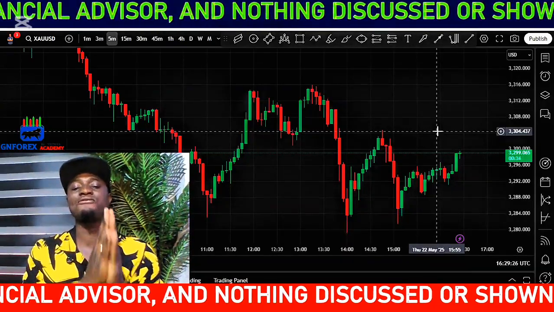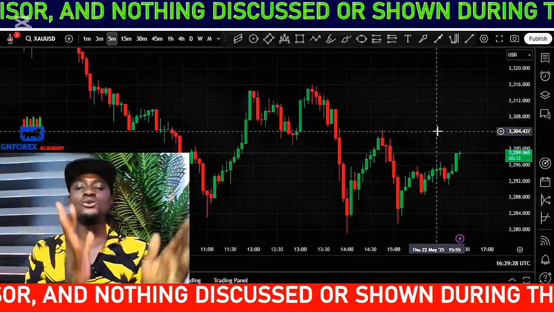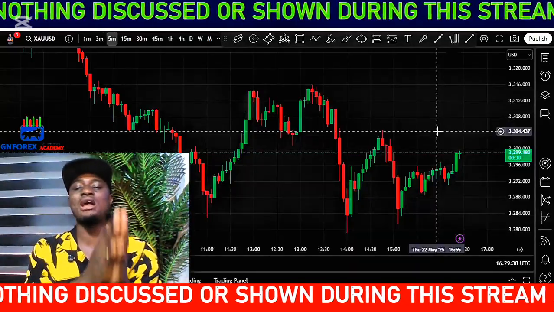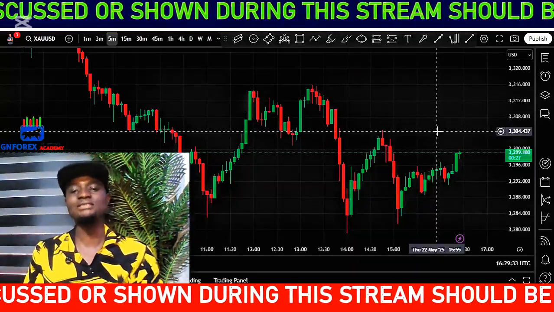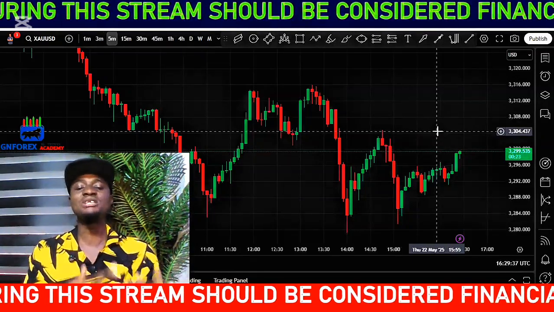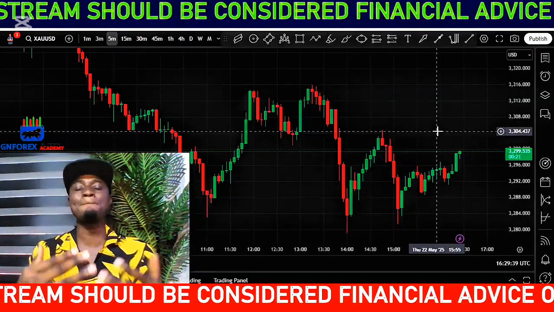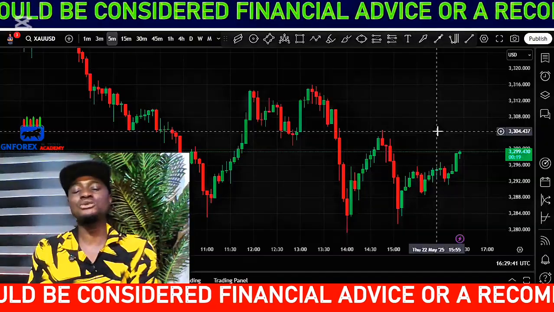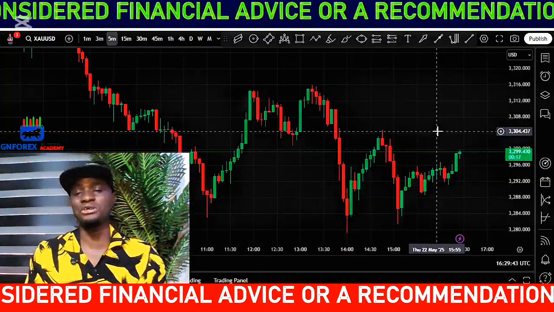So as a Forex trader, how do you know the information of a particular candlestick? Alright, so if you want to learn how to read that information, you need to first of all learn the market structure, because the market structure is actually the language of the Forex market.